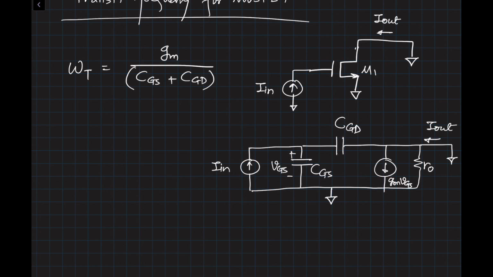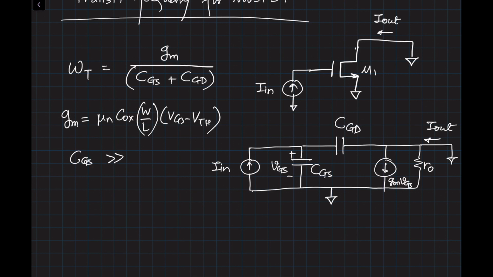Now let's step forward a little bit. What is the value of Gm? Gm is given by mu n Cox W by L times VGS minus VTH. CGS is much greater than CGD. The reason is that gate to drain during saturation region consists of only overlap capacitance, whereas the entire channel, the 2/3 W L Cox, is associated with the gate to source.